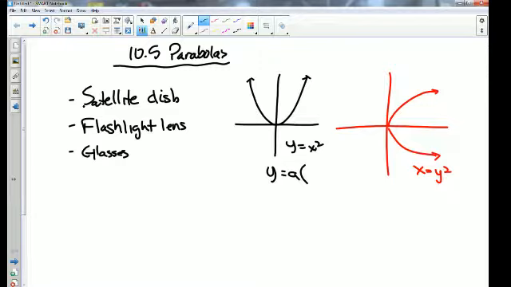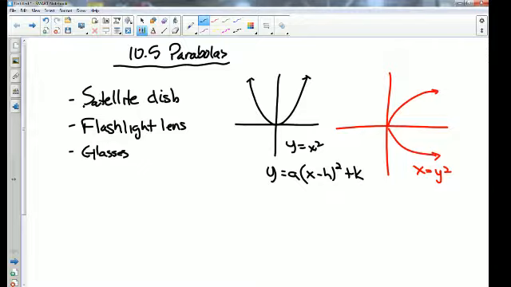Yeah, parent function. So y equals a times (x minus h) squared plus k. Remember, (h, k) is the vertex, and a was how wide or skinny you wanted to make it, right? Okay, so we've learned to work with the parent function version of this.